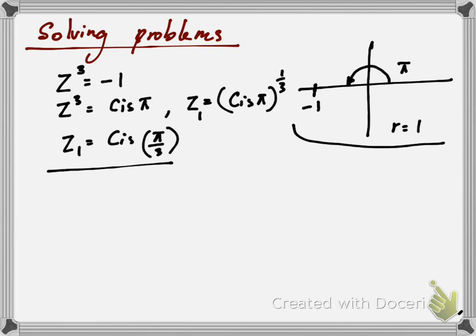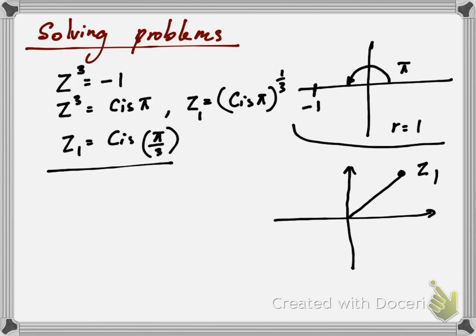Now what we do is we use an Argand diagram to represent the solutions. So you draw another one, and pi over 3 is somewhere around 60 degrees, so you show that here. So that's z1. Now to find the rest of the solutions, it's quite straightforward.